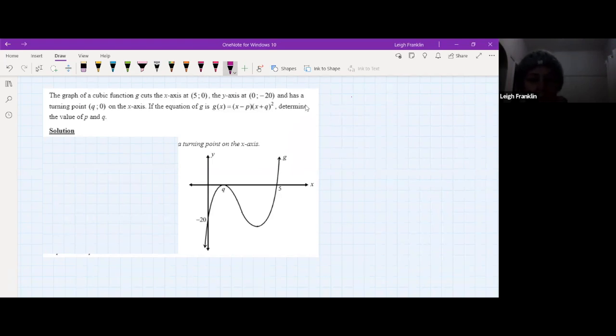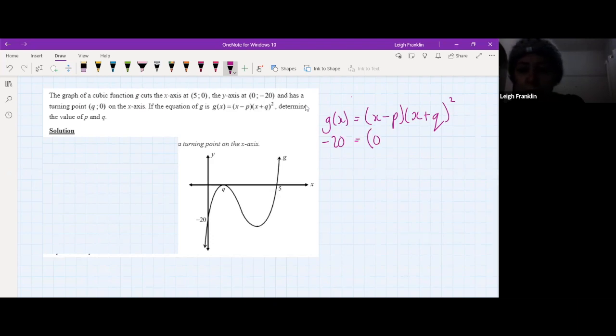So I'm going to get started up here. And hopefully in your first line, you guys are doing the same thing that I'm doing. What I'm going to do is replace the y with minus 20, x with 0, minus p with negative 5.